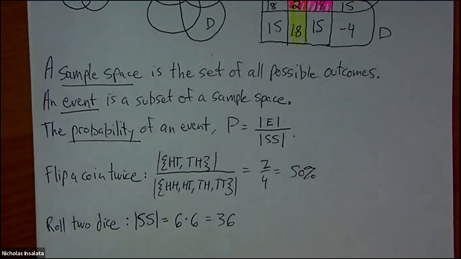What's an example of an event when you roll 2 dice? Now I'm doing it backwards the other way. Okay, you roll a particular number. Okay, so pick one. So what would you say? 7. Okay. So rolling a 7. So how many different ways can you roll a 7?